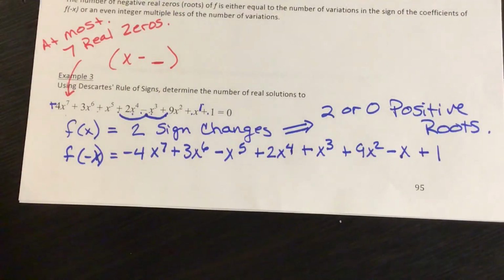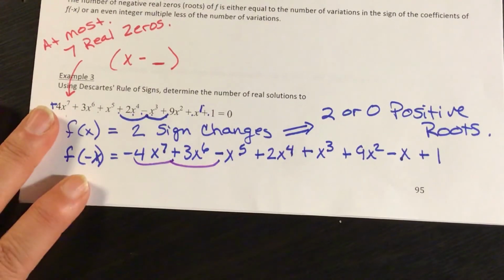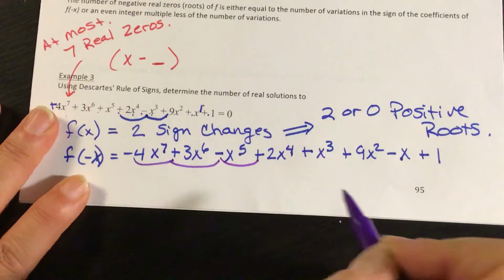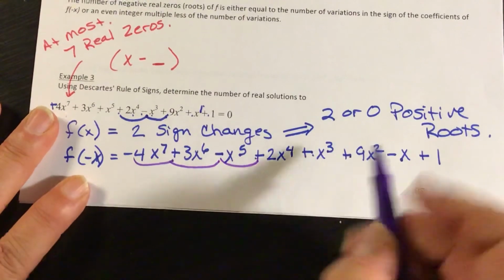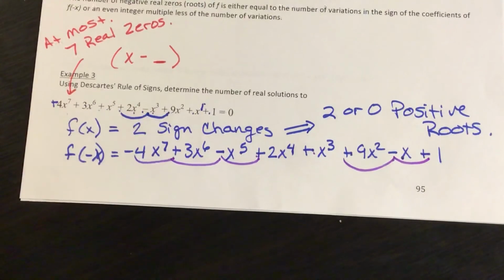So if we count our sign changes now, I have negative to positive, positive to negative, negative to positive, positive, positive, positive, positive to negative, negative to positive.